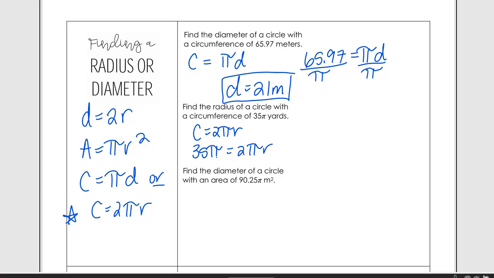To solve for r, we divide by 2 pi on both sides. That cancels out the pi symbols, and we're left with 35 divided by 2. And so our radius equals 17.5 yards.